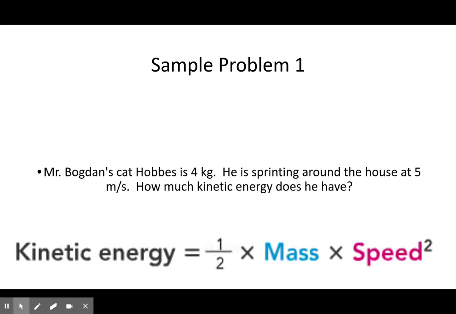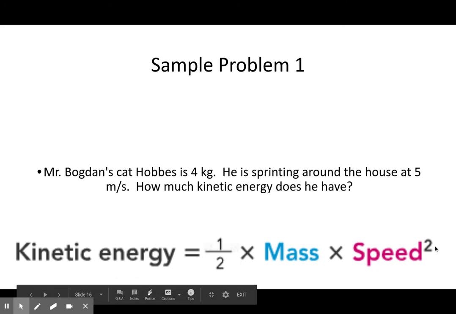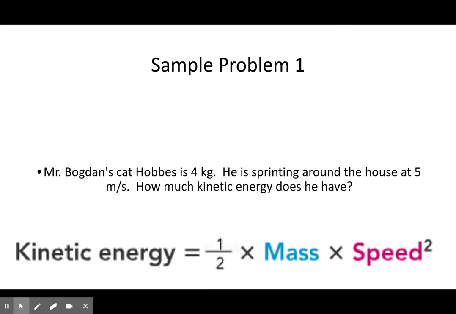All right. So, if we do the speed squared, the speed is 5. So 5 to the power of 2 is 25. All right, not 10, 25.